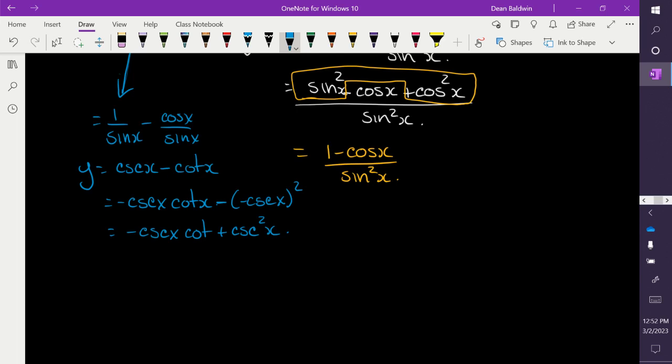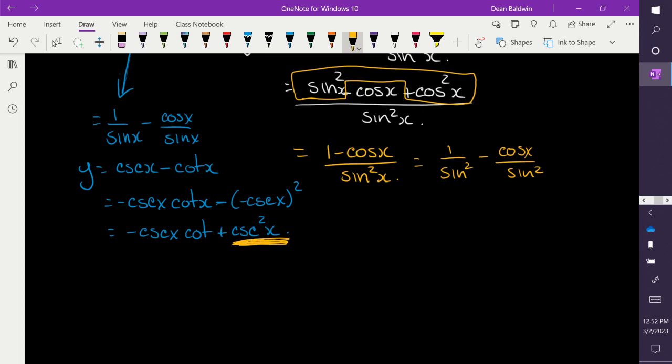You might be saying, is that the same as the other one? It is. If you look at this yellow one, you could write it as 1 over sine squared minus cos over sine squared. What's 1 over sine squared? Cosecant squared.